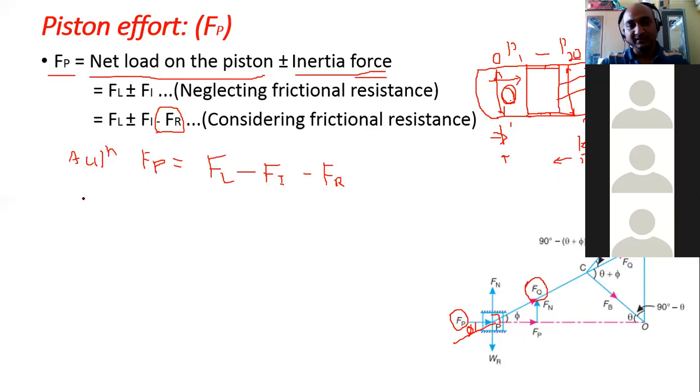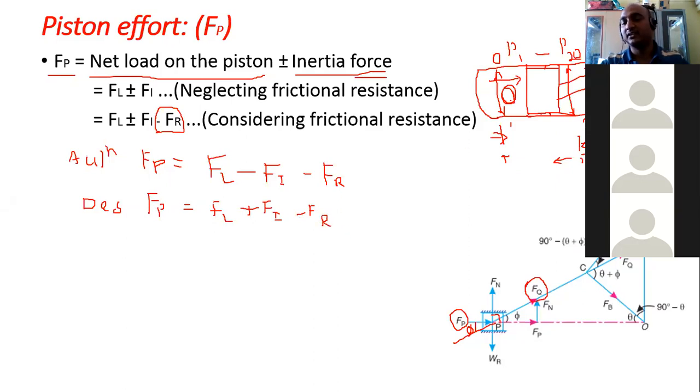So during deceleration or retardation, Fp is equal to Fl plus Fi, and the remaining part is the same, minus Fr is here.